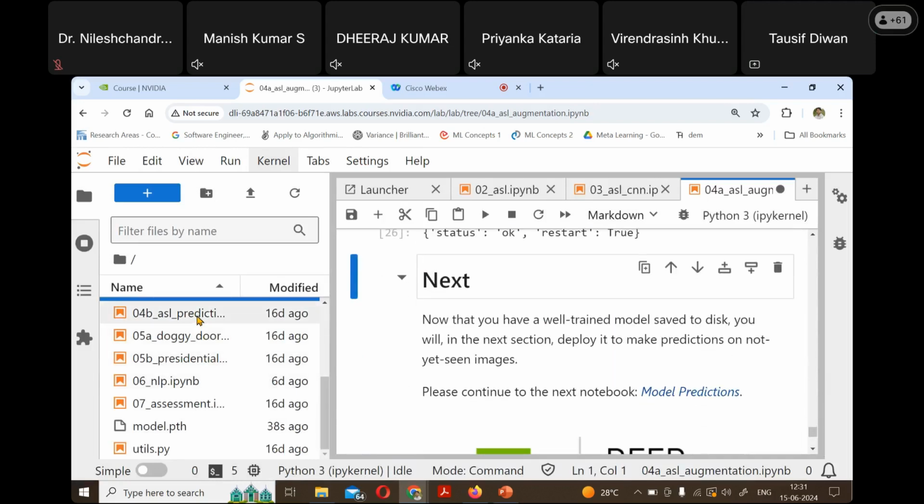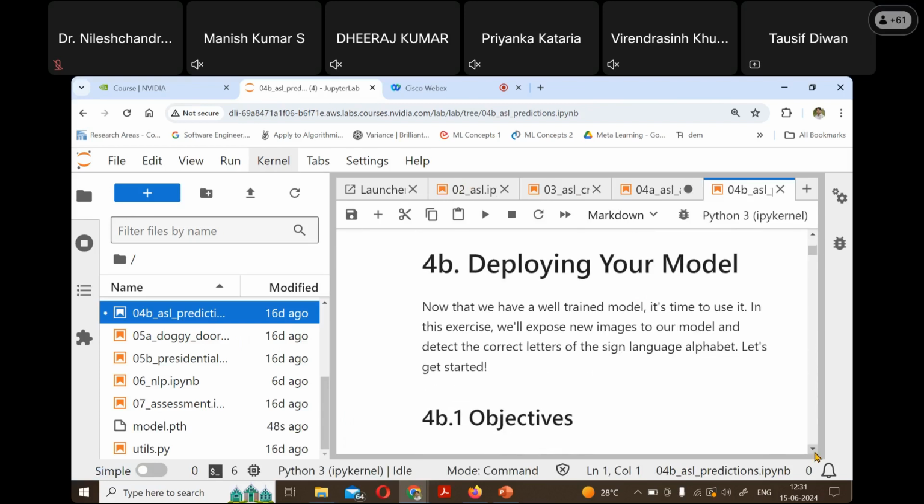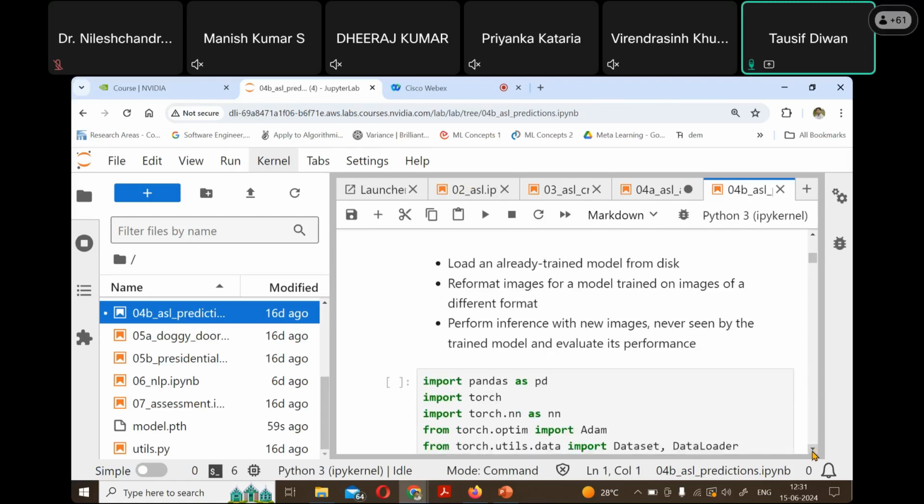So the next notebook is ASL prediction. This notebook is deploying the model and using the model. First of all, load the already trained model from the disk.